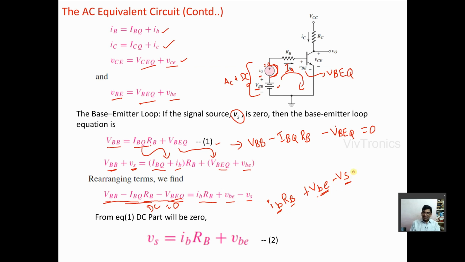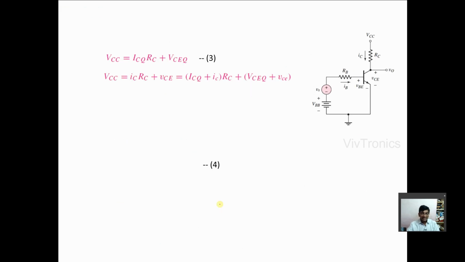Taking Vs to the right hand side, it becomes plus Vs. Therefore, Vs is equal to ib RB plus vbe. That is equation number 2. So at the input side we have only the AC signal source that provides AC current and AC voltage at the base circuit, or input circuit, of our transistor amplifier.